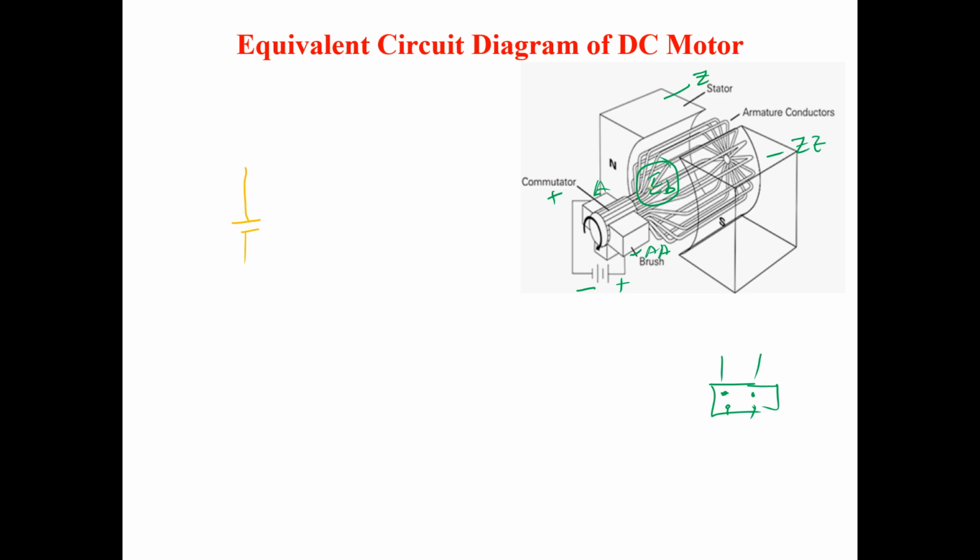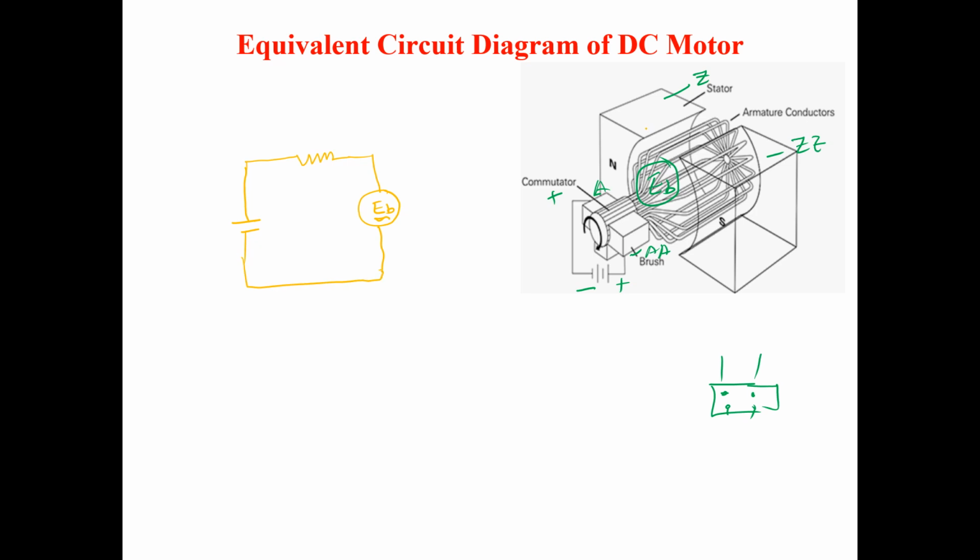Then we have the armature winding, and the current flowing through this armature winding is IA, and this armature winding has some resistance, so we put a resistance here. Then in the armature we have the generated back EMF, EB, which is in the form of AC, or for a DC motor it can be written as back EMF developed here, and then we get the output.